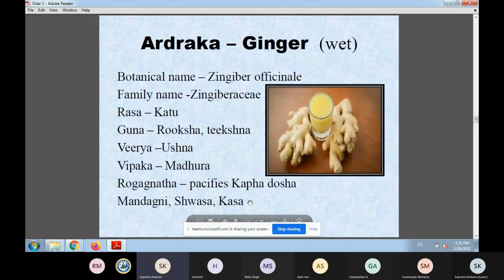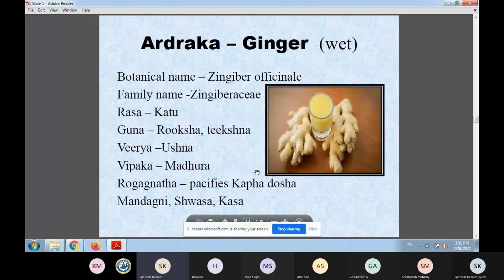All of you who can remember or who have written down: Katu, Tikta and Kashaya Rasas pacify Kapha dosha, that is the formula there. So here, since it has Katu Rasa, it is going to pacify the Kapha dosha.